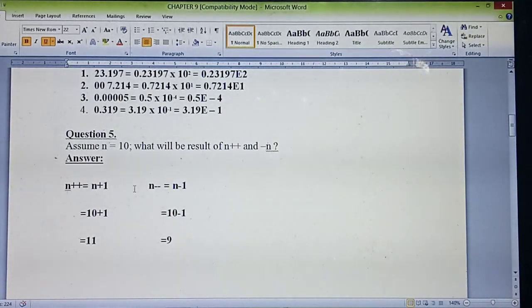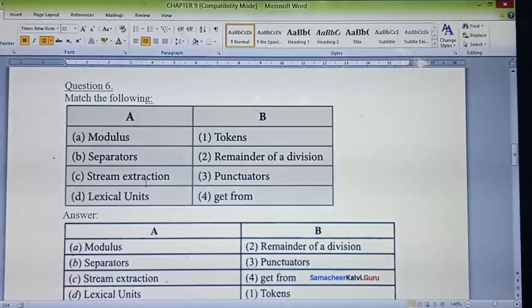Have you completed? Okay. Then this is the sixth 2-mark question.